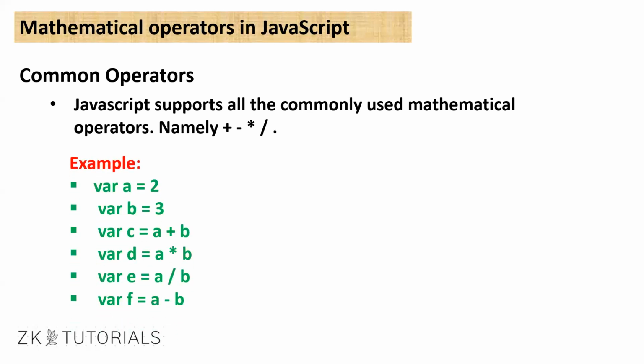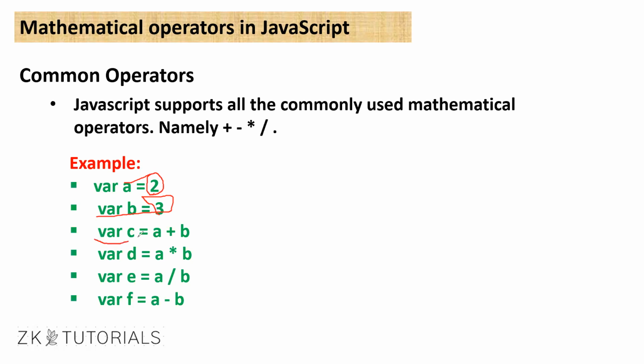Here is variable a, and we are giving the value of variable a as 2. Here we are taking another variable, which is b, and we are giving it the value 3.